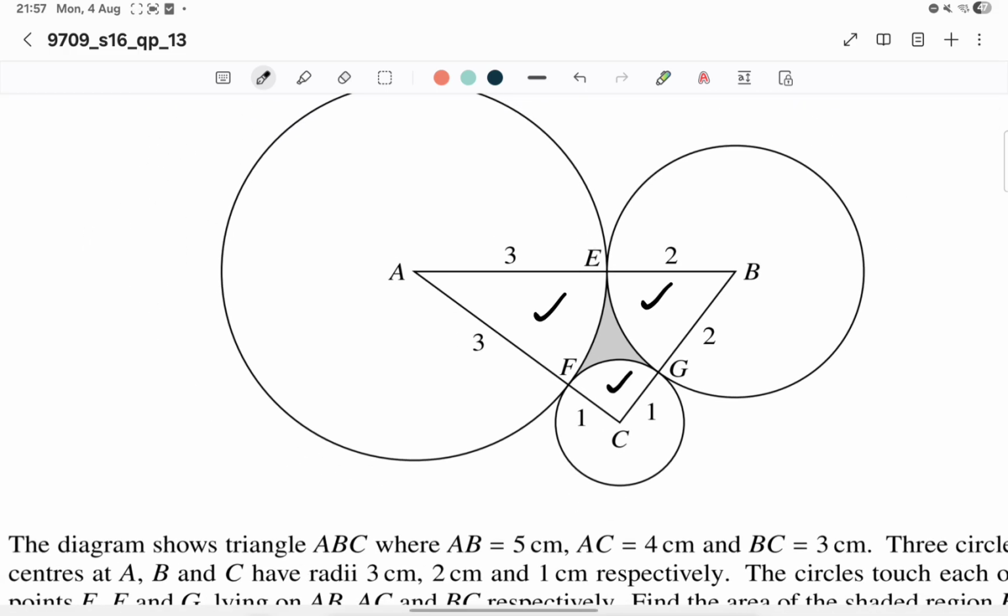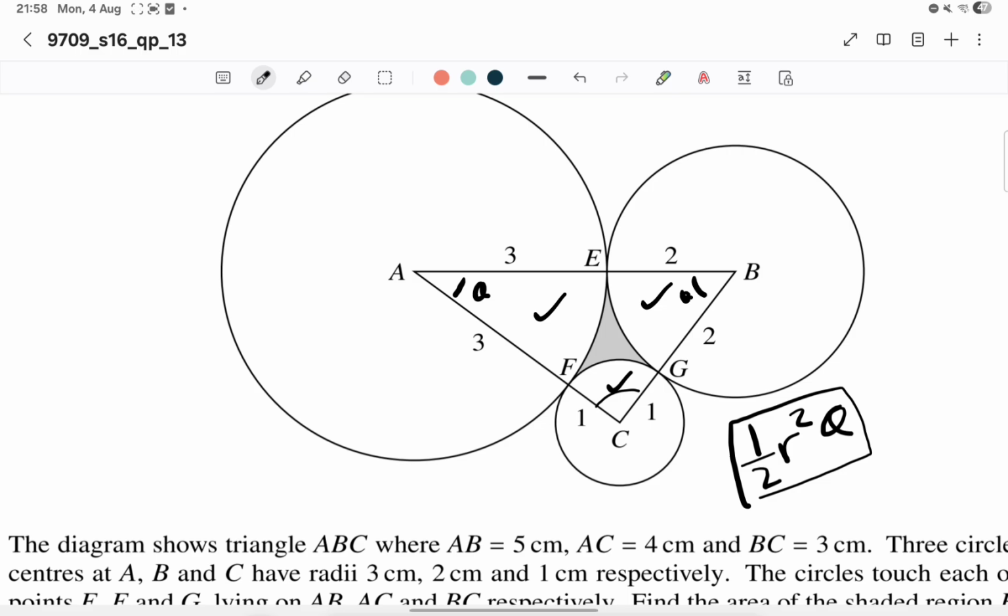For us to get the area of sectors, we need the radius of each of the circles, which we are given, but we're not given the angles, because we would want to use half r squared theta for the area of each sector. So we need these angles.